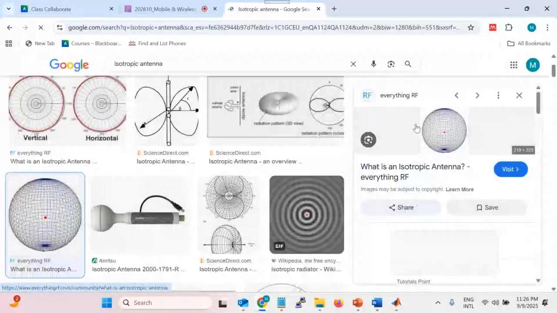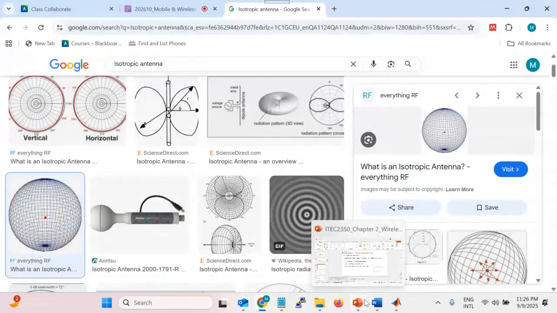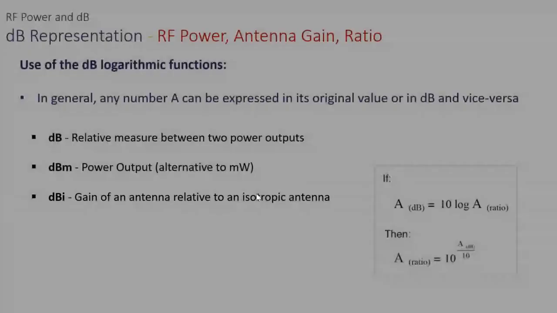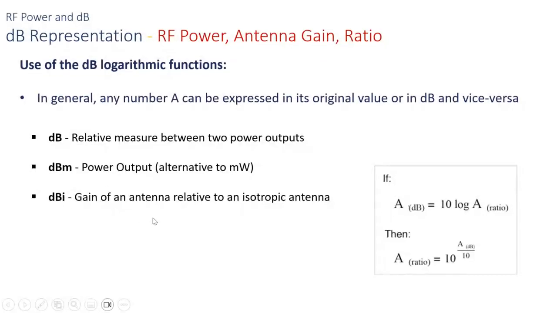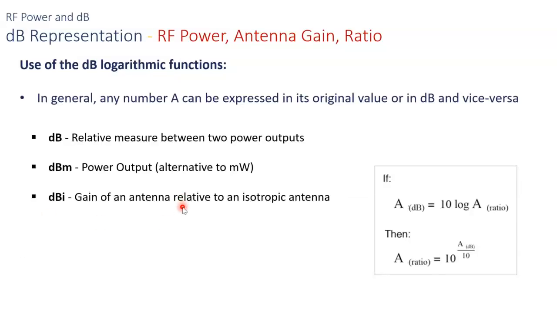It radiates in all directions uniformly. It does not have one specific direction; it radiates power in all directions. For this reason, the gain of the isotropic antenna is 0 dB. So once we measure the gain of any other antenna, we measure it relative to the isotropic antenna.